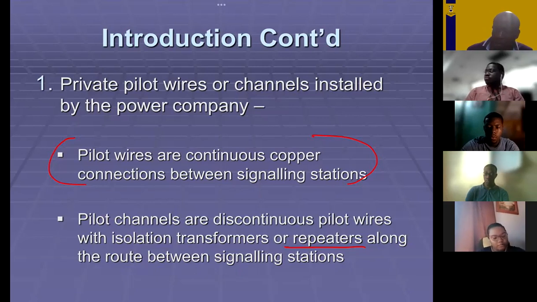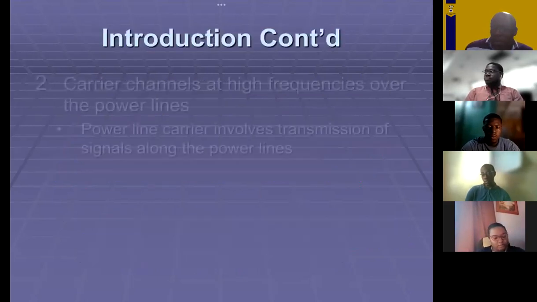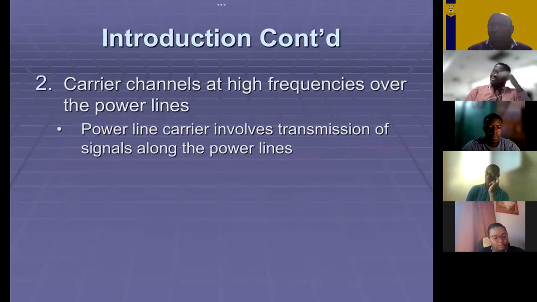All right. The other option that one would have would be your carrier channels. These are carrier channels which are superimposed on your power lines. So these would be your power line carriers. Good.